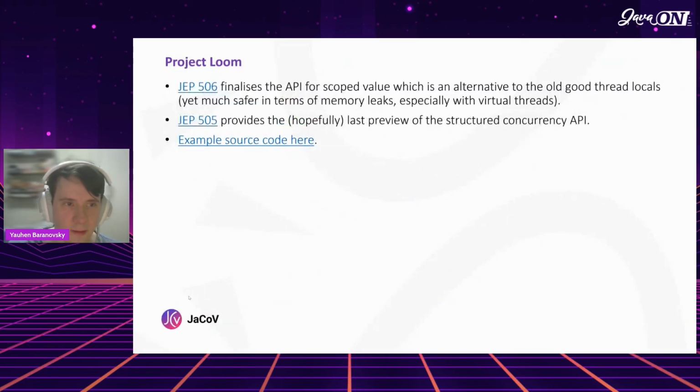So this is all about the new features in JDK 25, which is a long-term support release, and thus you may safely migrate to it and use all the features finalized in that release.